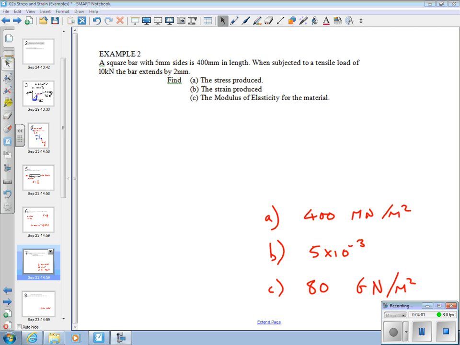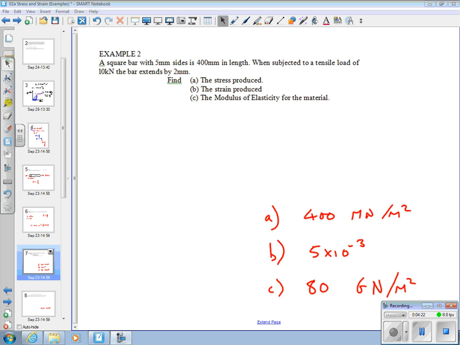Think about what we did for the others: extract the information that you've got, check units are consistent. What are you asked to find? What's the relevant formula? Is the formula in the right form, or do you have to rearrange it? And then put the numbers in. So have a go, help each other with it.